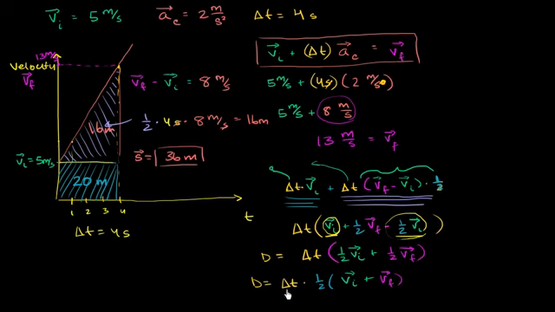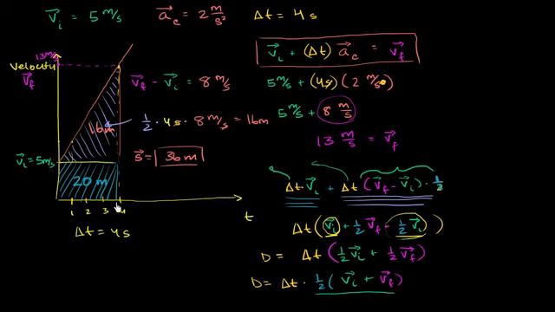So this is interesting. The distance we traveled is equal to the change in time times 1/2 of the initial velocity plus the final velocity. If you just took this quantity right over here, it's the arithmetic mean of these two numbers.